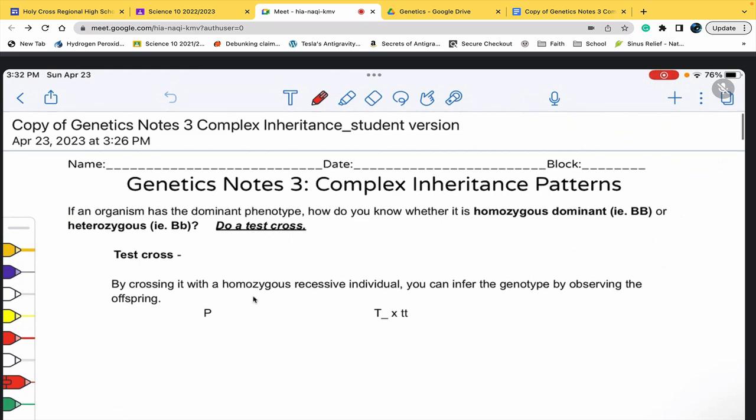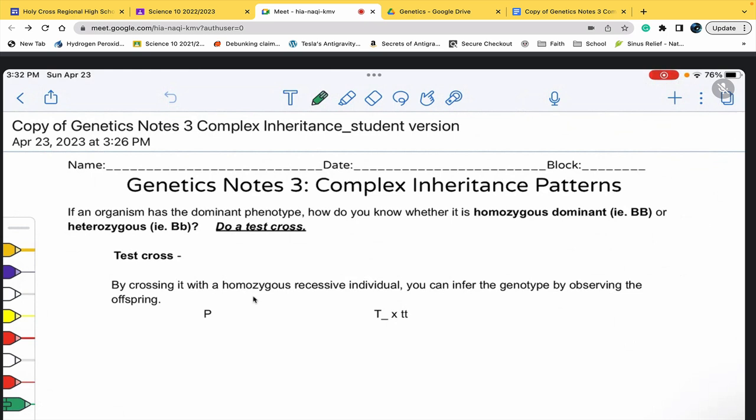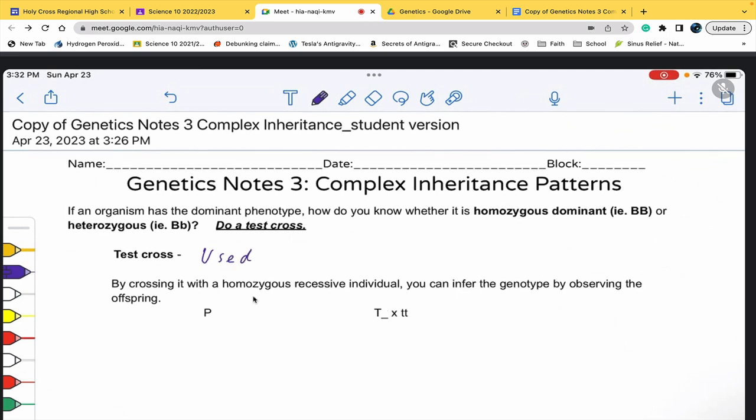It is used to determine the genotype of a particular phenotype.